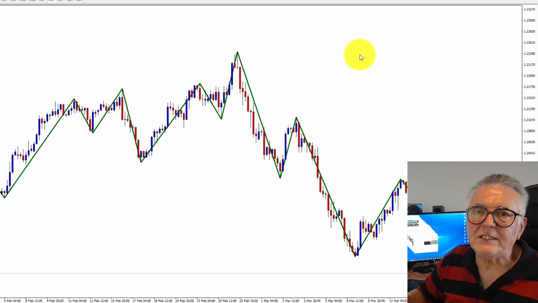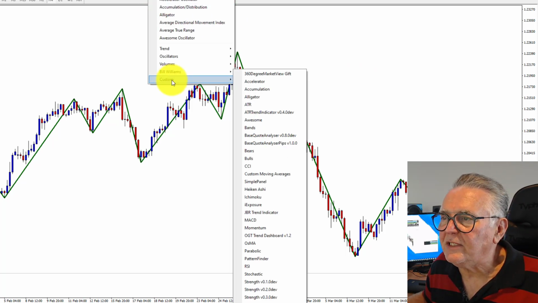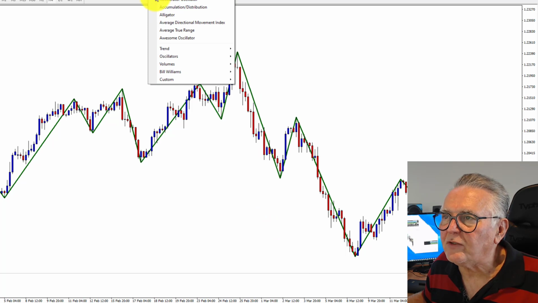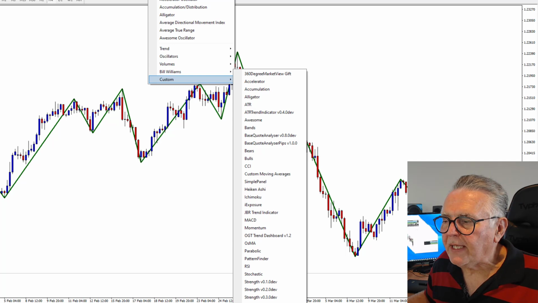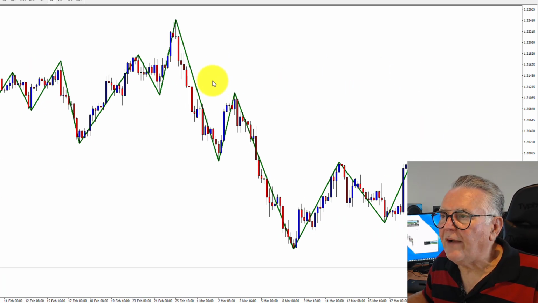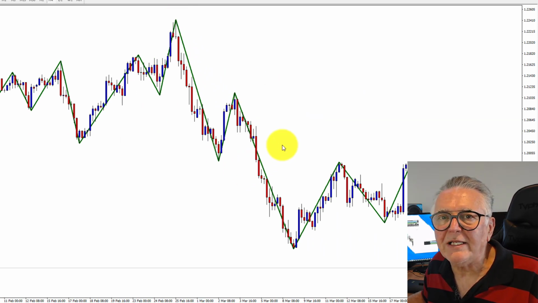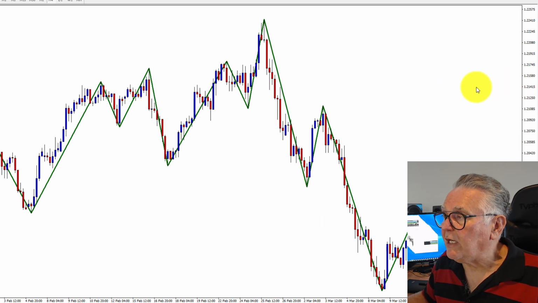You can make it more sensitive or less sensitive, but where you find the zigzag indicator is you go into custom indicators. I've clicked on indicators, custom indicators, and it's right at the bottom there is the zigzag indicator, and that's how you get it on the chart. I formatted it as a green line, a green thick line, and you can format it any way you want.